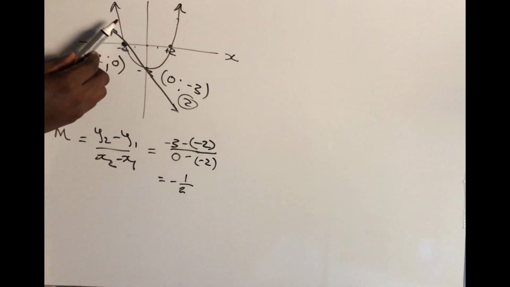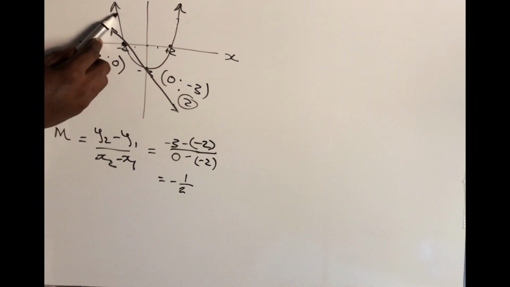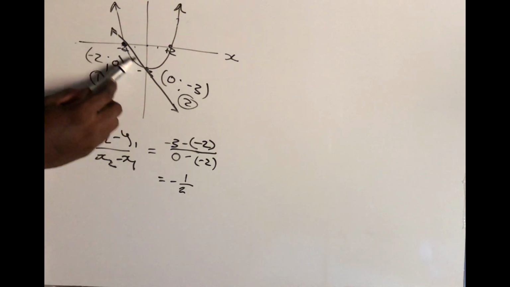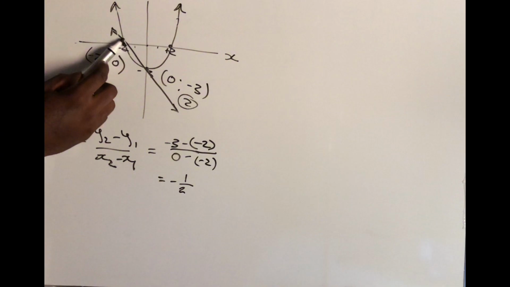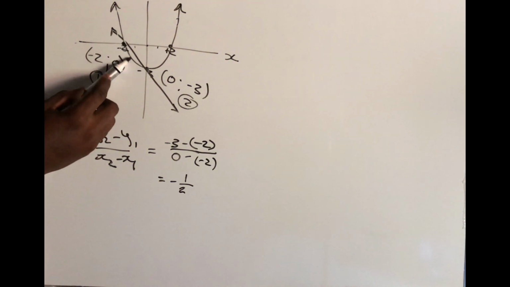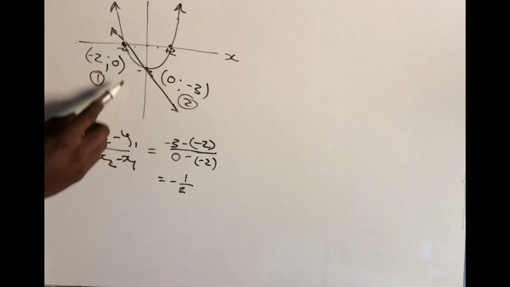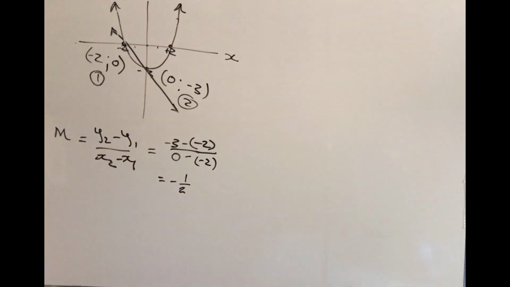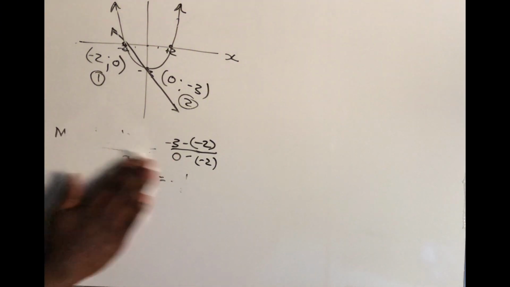So you can see the original function, what's this called? The quadratic function, it's decreasing from this point to this point. Like it's decreasing, you can see it's going down from this point to this point. Hence, our average gradient is negative.